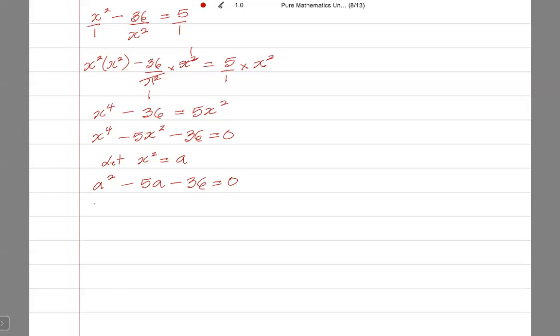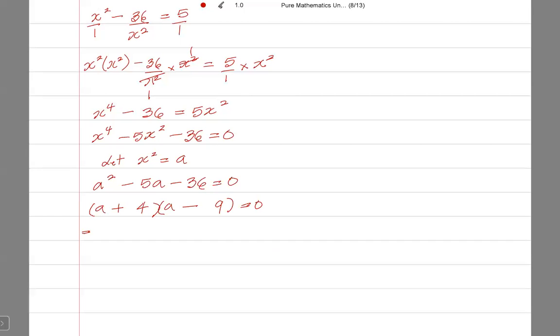So I'm going to do this by trial and error. I'm going to factorize. This is a squared. I think one has to be 9 and 4. The 5 is positive, so that is negative, and this is positive. All right, I'm assuming that you know how to factorize a quadratic expression by trial and error.